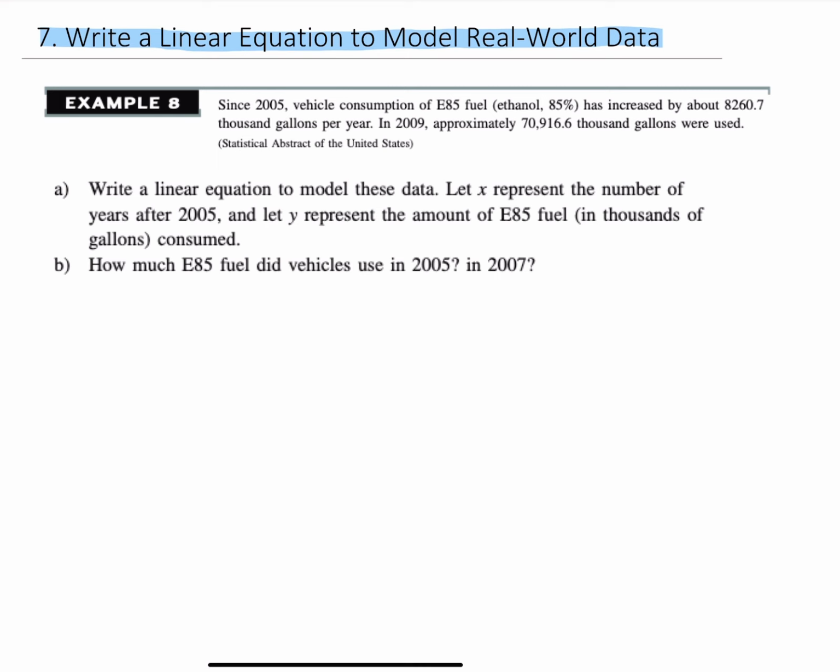So kind of a strange way to give the unit. It's saying 8,000 thousand. So it makes the number kind of look smaller than it is. It's actually quite big.